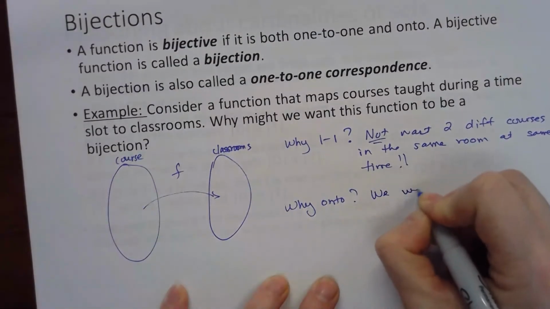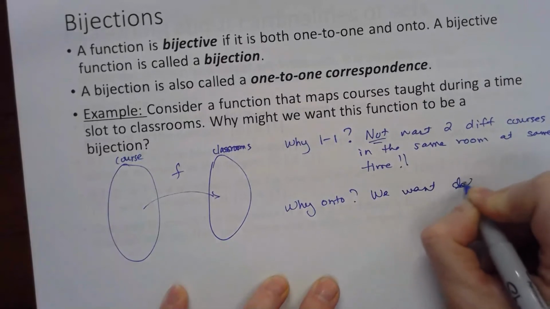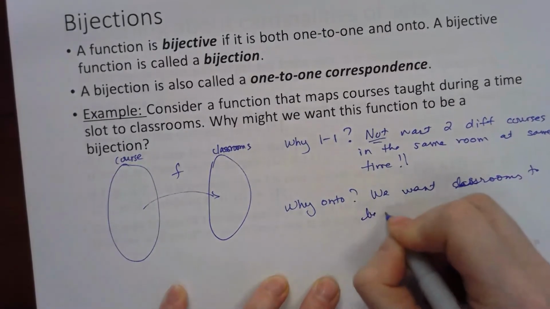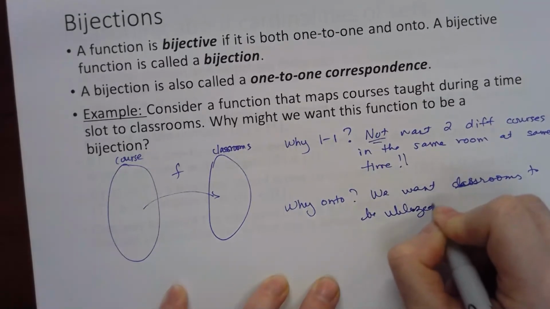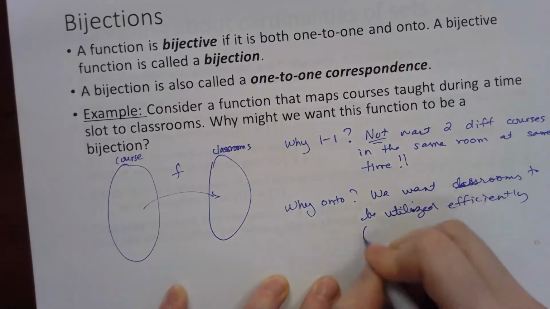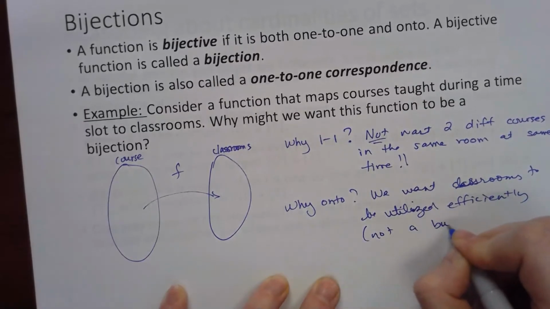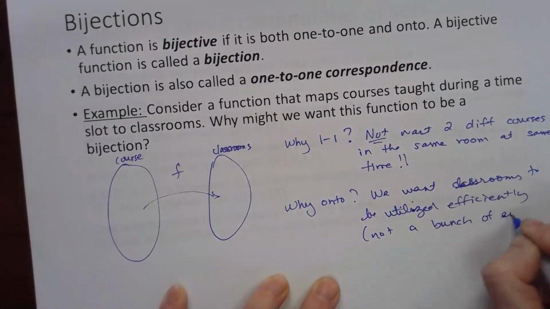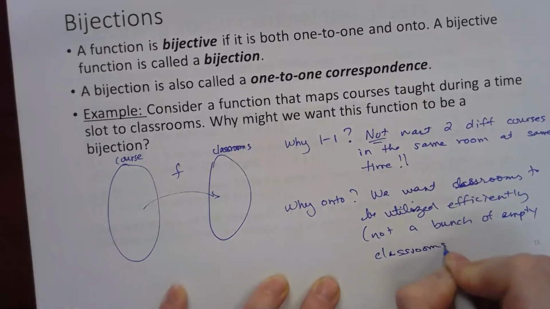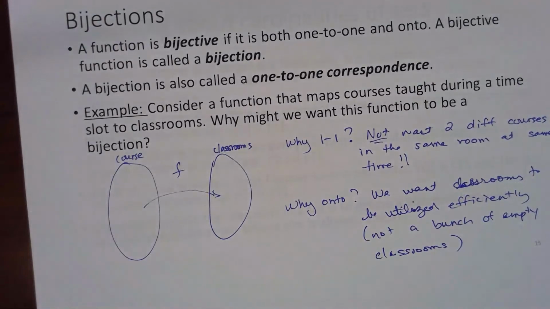So why onto? We want our classrooms to be utilized efficiently, not a bunch of empty classrooms. I'm sure we don't have an actual bijection.